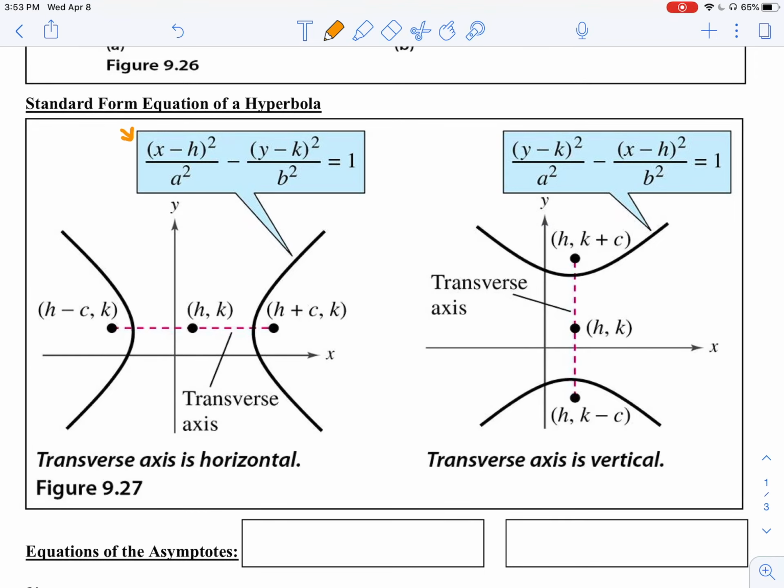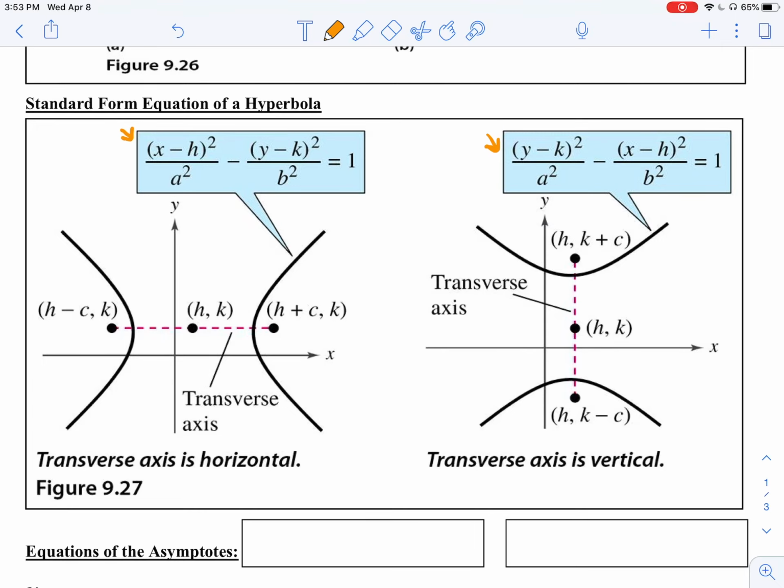Think x as being horizontal. So if our x term is positive, our transverse axis is horizontal. In the second diagram, our y term is positive, therefore our transverse axis is going to be vertical, which means our branches are going to be opening up and down.